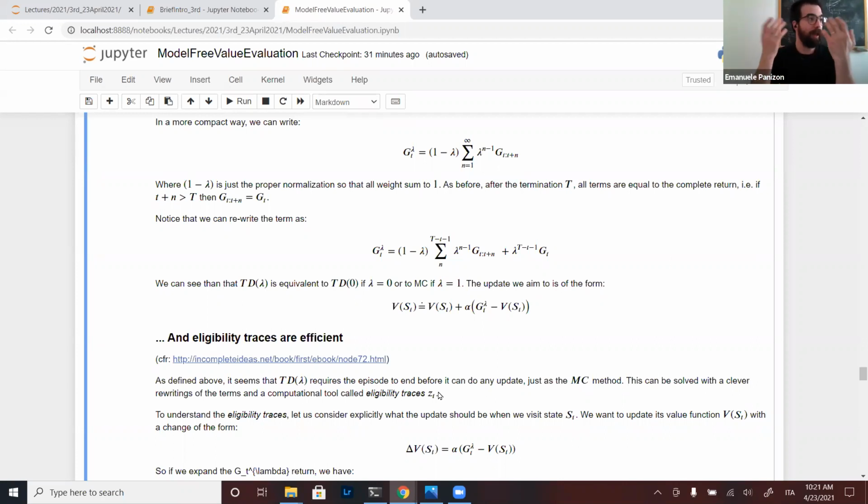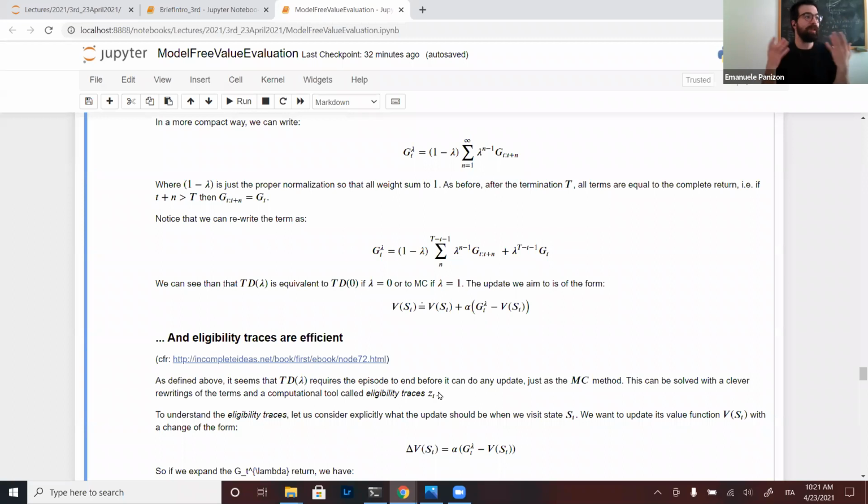Eligibility traces are a way in which you store information about where you were, and you assign updates not only to the state you've just visited, but to all states, with a weight that changes depending on how long ago you visited the state.